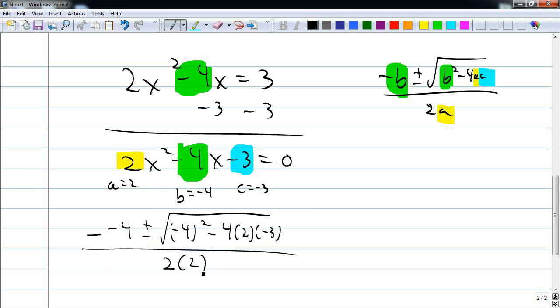Now, students are sometimes intimidated when they get to here because there's so much to look at. Here's what I want you to do. From here, I want you to simplify 3 different things. I want you to simplify this outside term, I want you to simplify the denominator, and I want you to simplify the thing under the radical, also known as the discriminant.